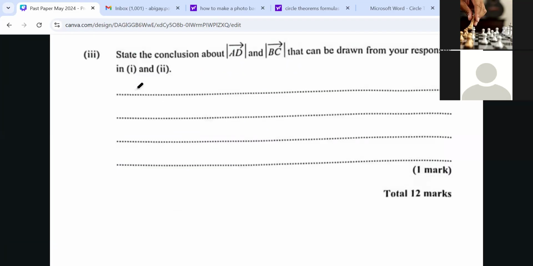So let us make a note of that. AD and BC are parallel.